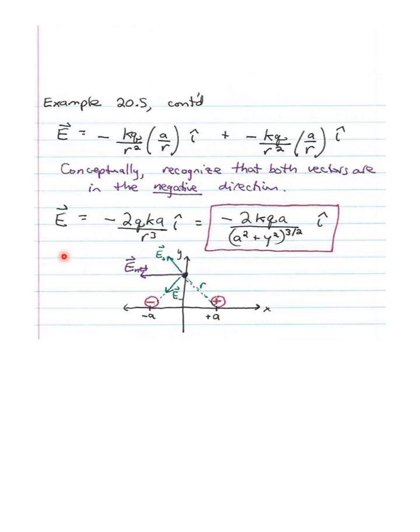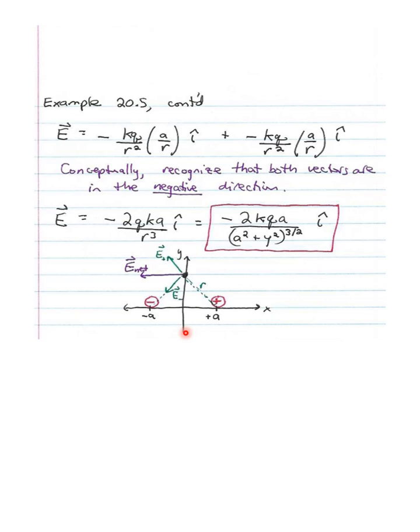Now r is just a quantity that we use to make the picture. Let's put this in terms of a and y. a is the original distance given between the y-axis and those charges, and y is the distance because the question was asking to evaluate the electric field on the y-axis, and that refers to how far away it is.